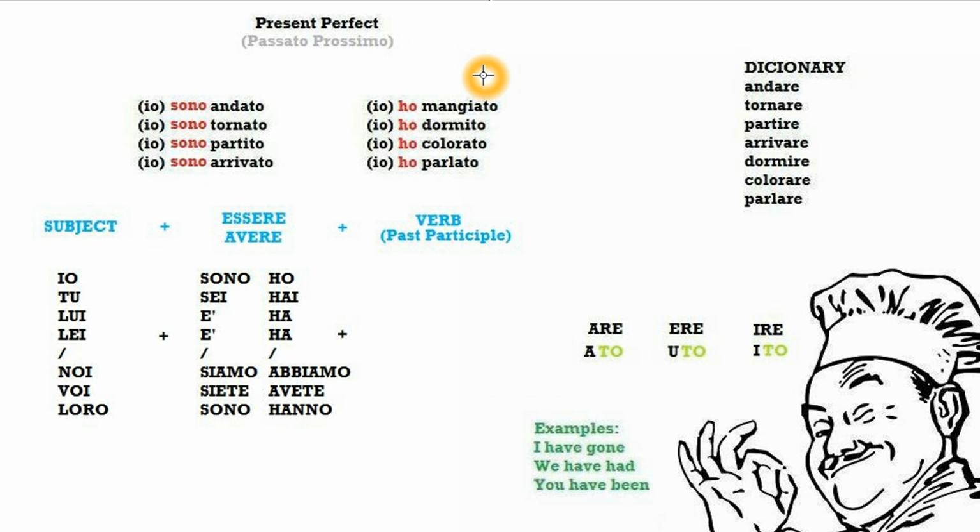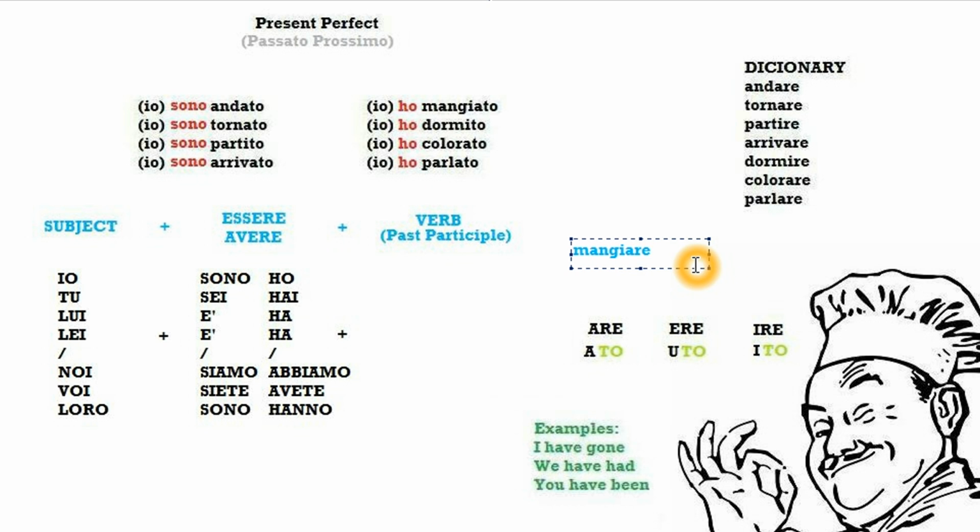Now, how do you make the past participle? We've said that in English, it's very easy. In Italian, it's just as easy. If you have a verb, for instance, the verb to eat, mangiare. What do we do?